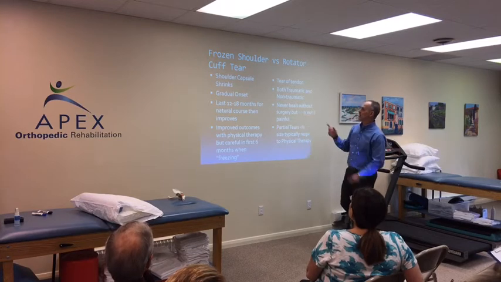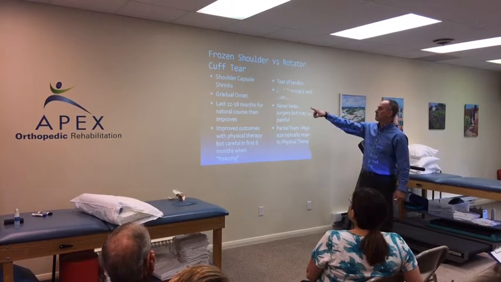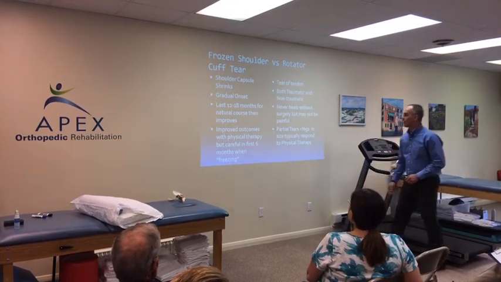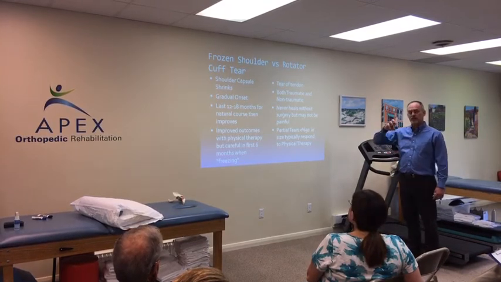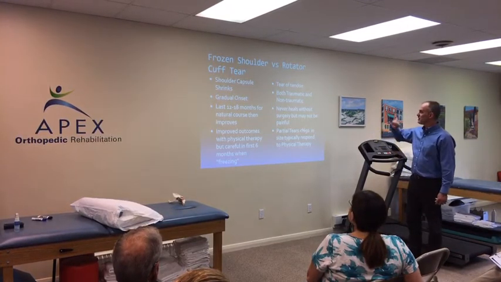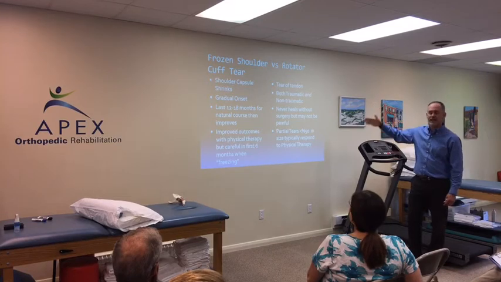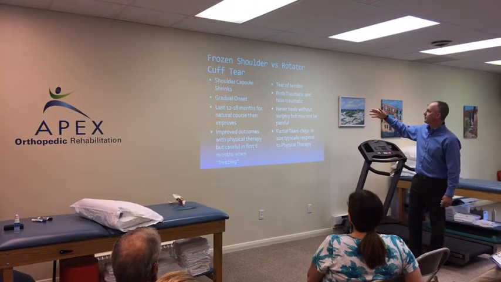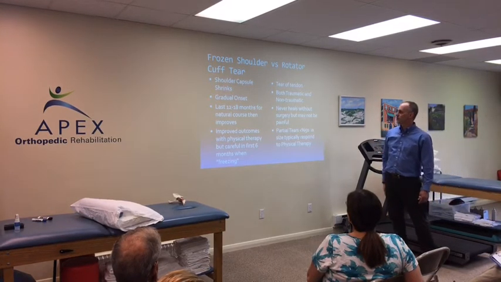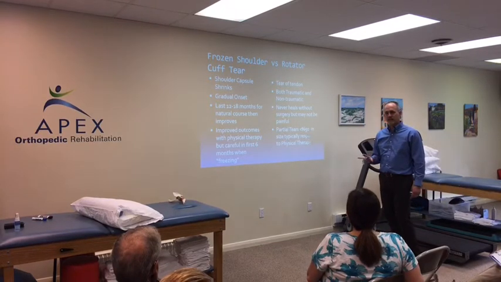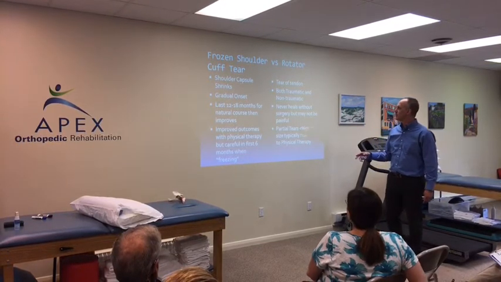So here are some comparisons with the frozen shoulder. You get a real shrinkage of that capsule that we showed you. In the rotator cuff, we get that full tear, sometimes a partial tear of the tendon. Frozen shoulders will sneak up on you; you'll gradually start getting some problems.